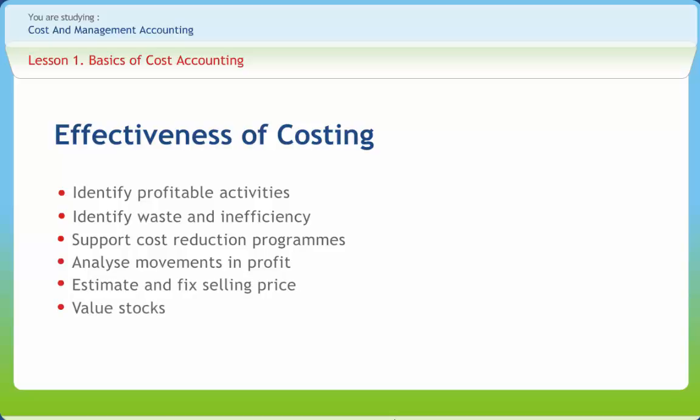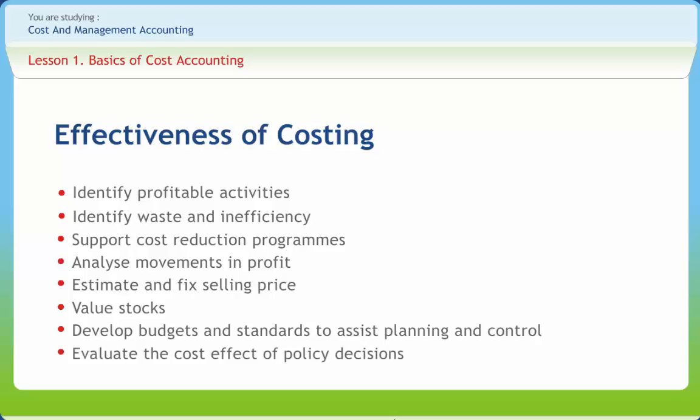By costing, stocks of various organizations are valued and the budgets are developed. One point to note here especially is that the managers have to do proper costing first in order to plan and control various activities under different departments. Costing also evaluates the cost effect of policy decisions.